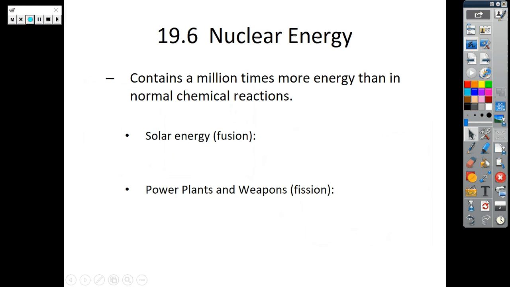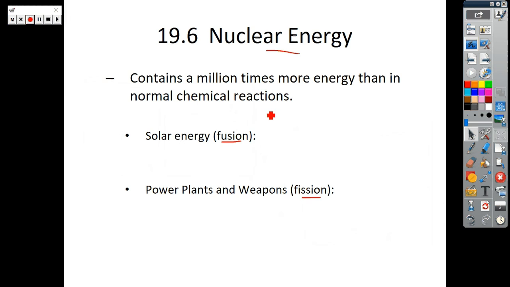All right, so that's pretty much the medical aspect of it. Now for nuclear energy, basically there are two main kinds of reactions that produce energy: fusion reactions and fission reactions.